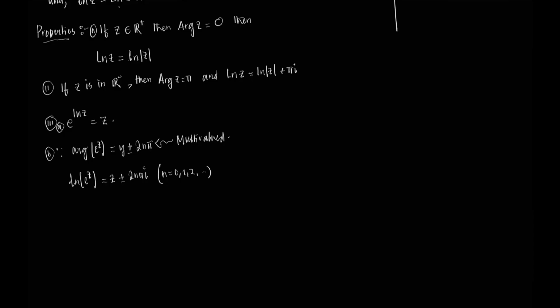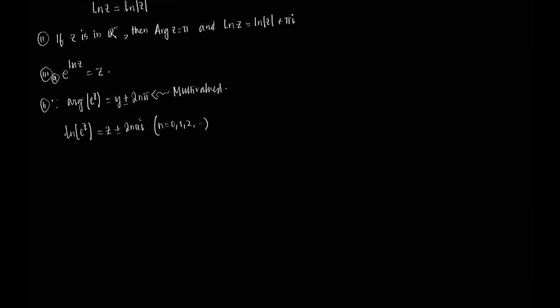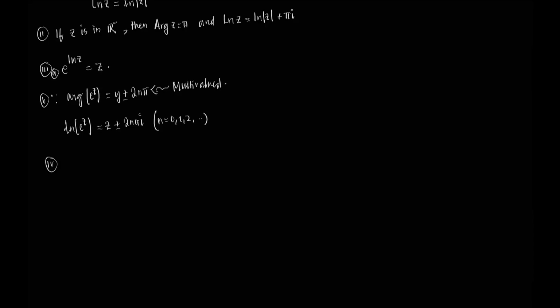Now we will look at some more properties. Number 4: what about log of z1 z2? You can easily see it is going to be log of z1 plus log of z2, assuming that neither z1 nor z2 can be equal to 0, because then log is not defined.